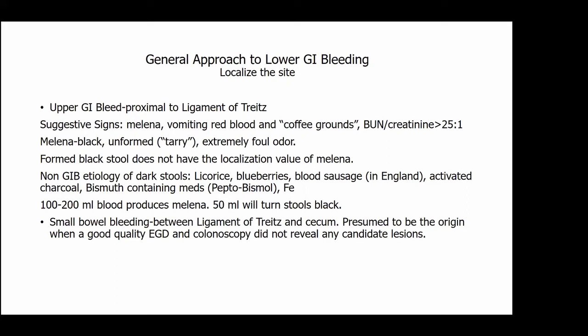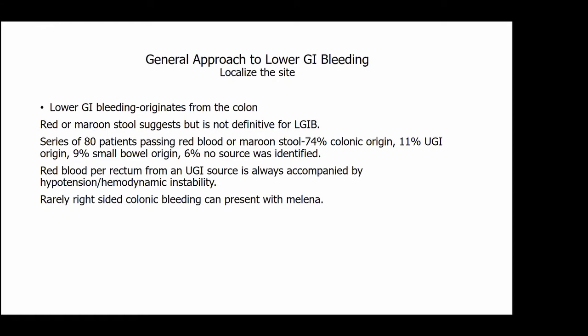Small bowel bleeding originates anywhere between the ligament of Treitz and the cecum. And we presume to have a small bowel bleed when a good quality upper endoscopy and colonoscopy did not reveal any candidate lesions. Lower GI bleeding originates from the colon, and a red or maroon stool is suggestive but not definitive for a lower GI bleed.